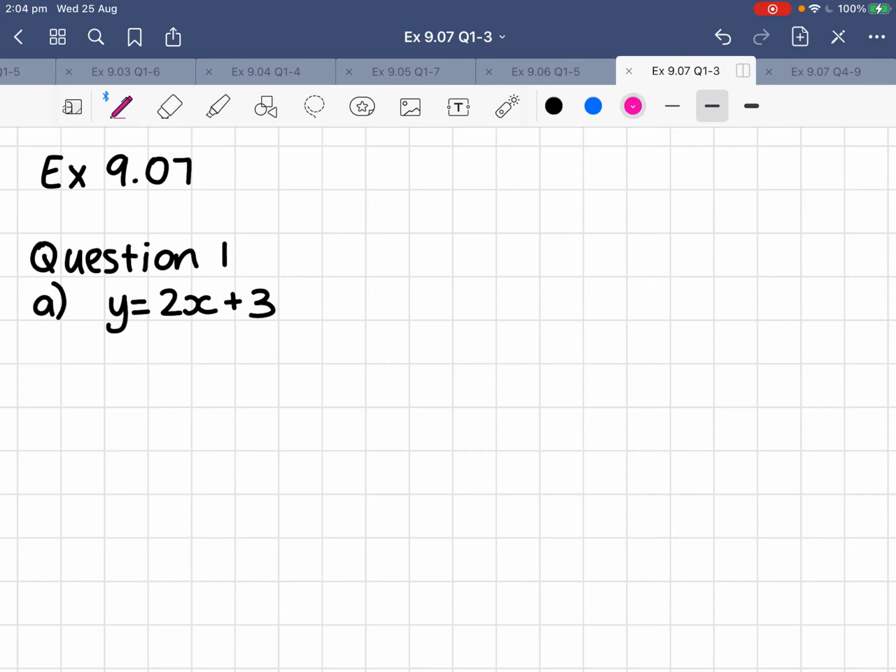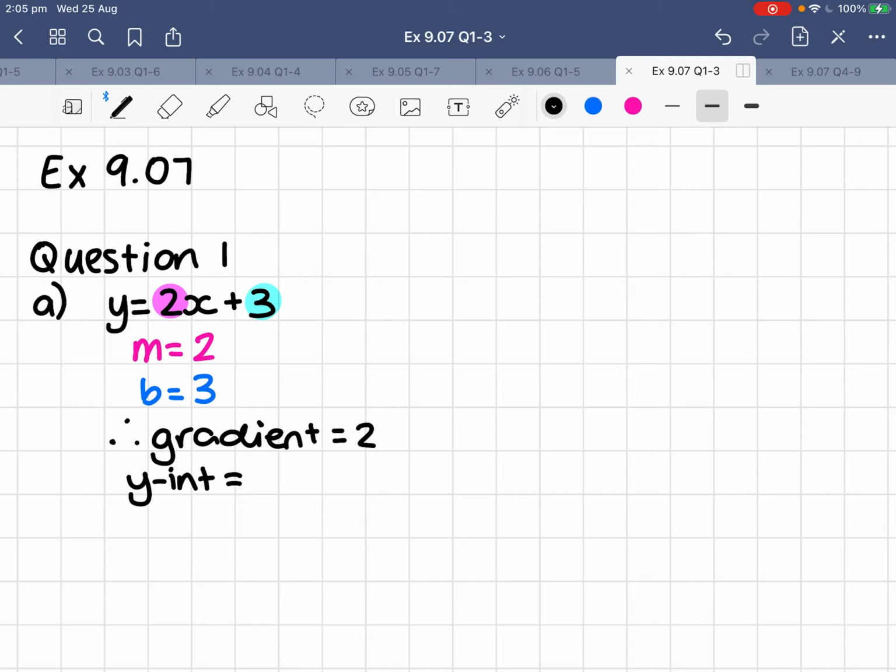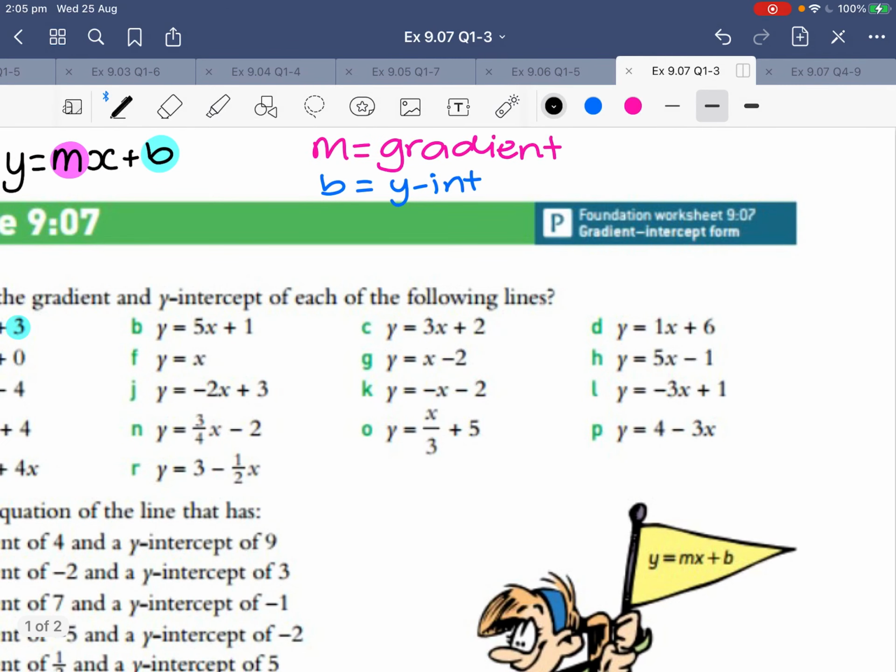Then I would highlight my gradient, the coefficient of x, as my m value, so m equals 2, and then my b value, which is equal to 3. So therefore my gradient equals 2 and my y-intercept equals 3.